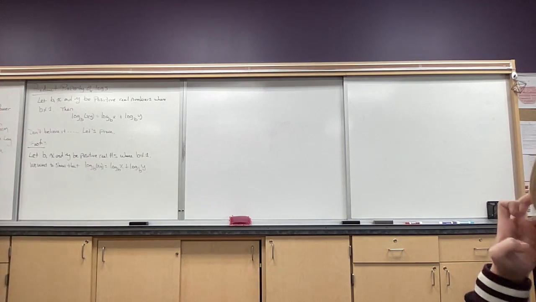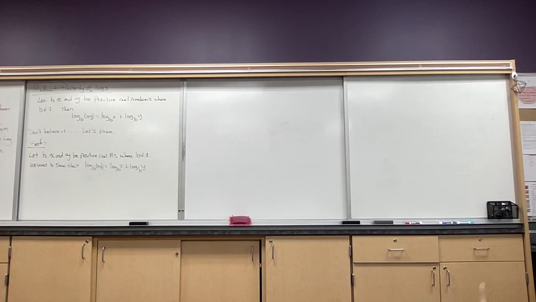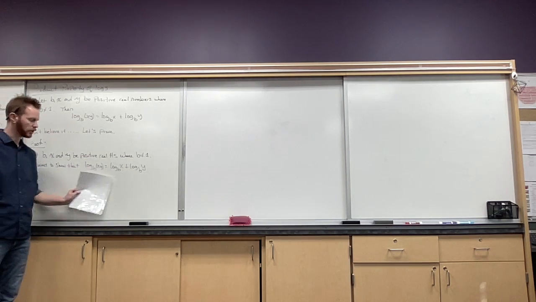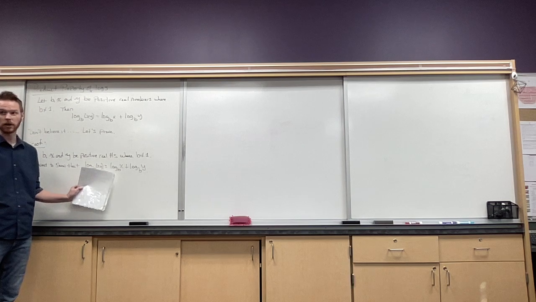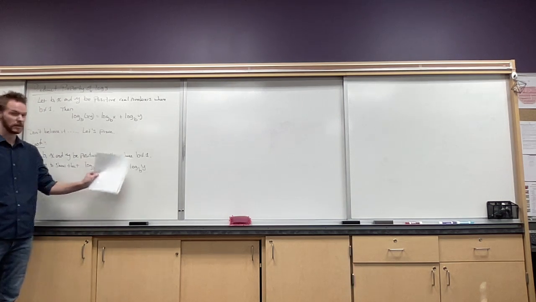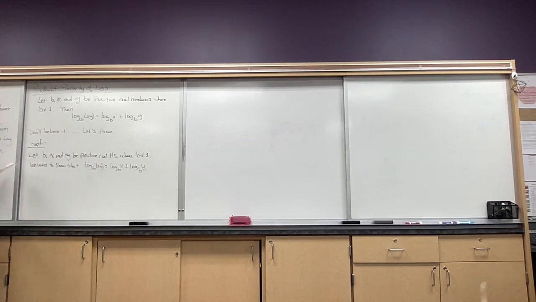Anytime you start a proof, you gotta have your initial conditions. So again, b, x, and y, positive real numbers, b can't be 1. We want to show that that is actually a true statement. Now, I'm going to clean this up a little bit because there's a lot going on here. So I'm going to define some variables to represent some of these terms. That way it's easier to manipulate.